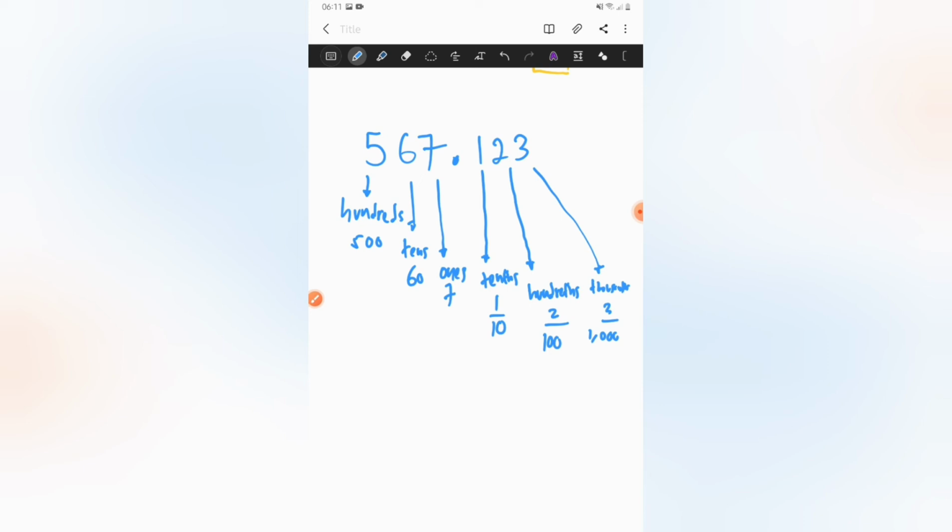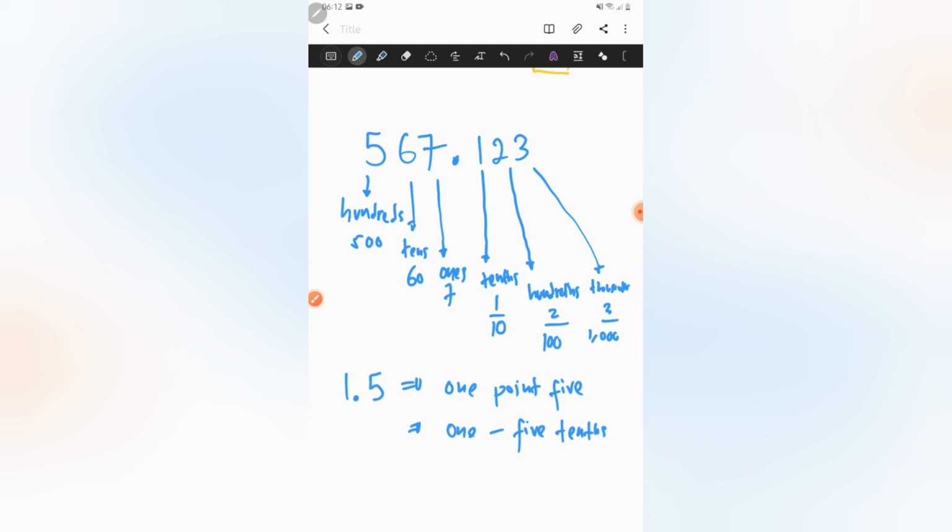How to read the decimal? We have two ways to read the decimal. I'll give you an example like this: 1.5. The first way, this very easy way, is just to read it 1.5. And also we can read this one as 1 and 5/10. Why is it 5/10?